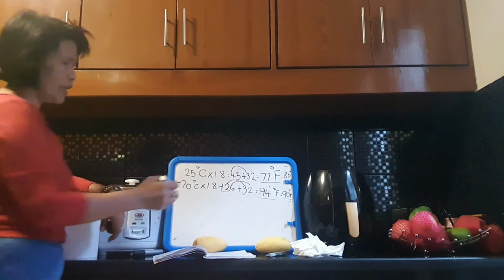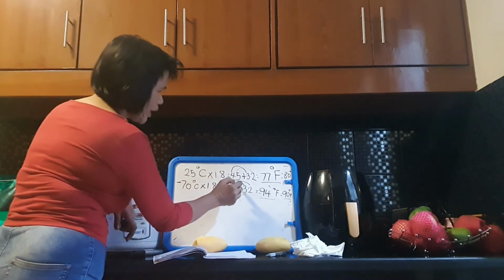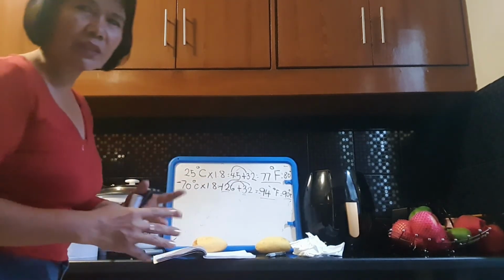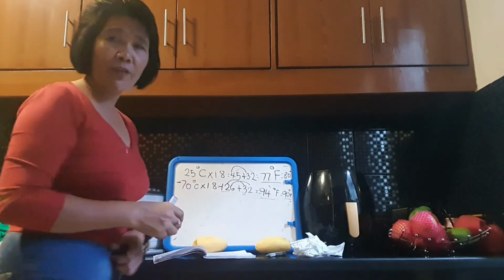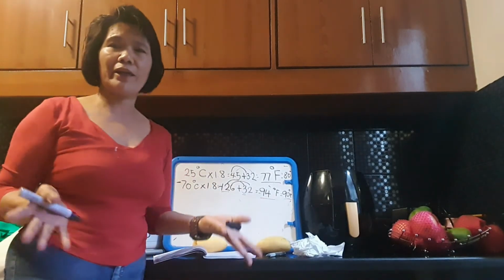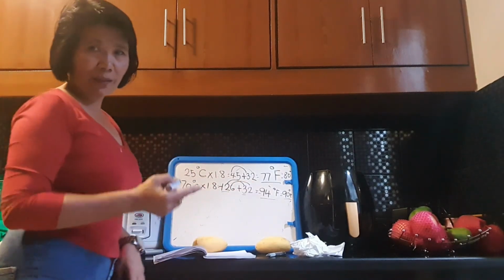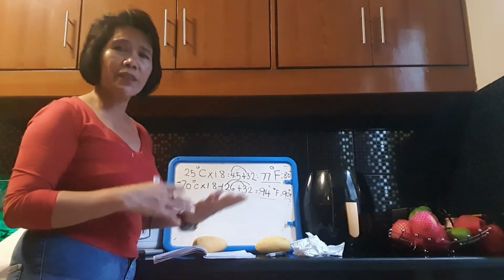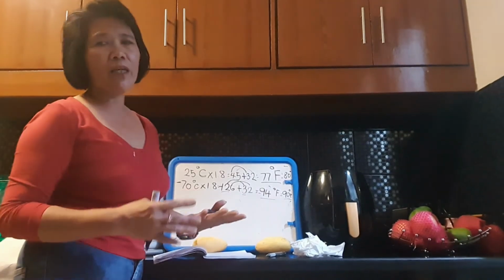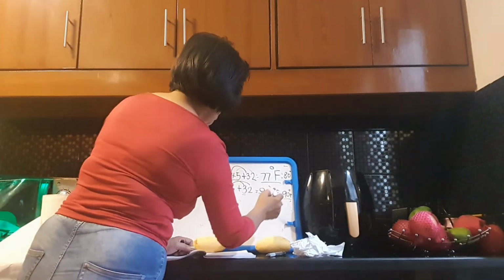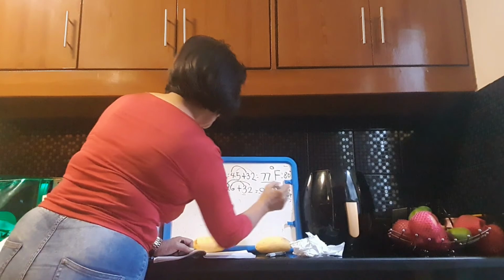Bakit i-minus natin? Kasi ito ay negative, ito ay positive. So, hindi natin pwedeng pagsamahin ang positive at negative integers. So, we have to deduct it. So, it is now negative 94 degrees Fahrenheit. Rounded off to the nearest tens, that is now negative 90 degrees Fahrenheit.